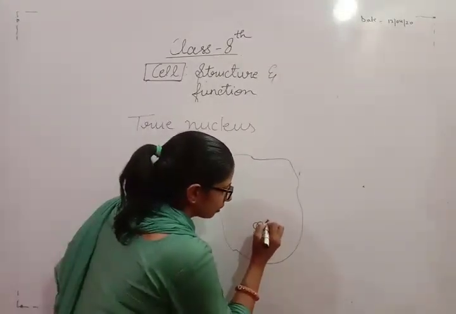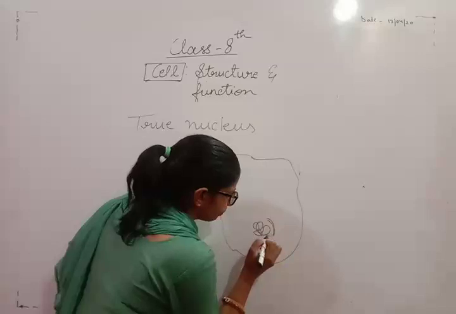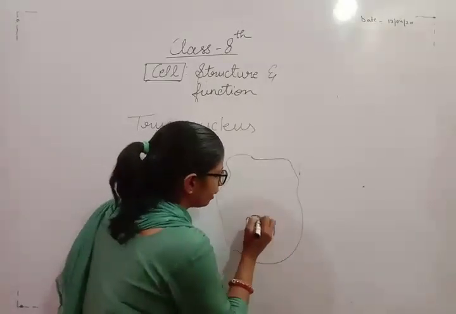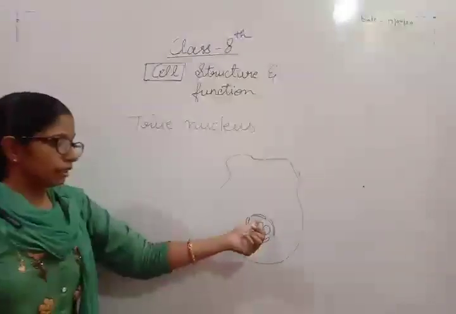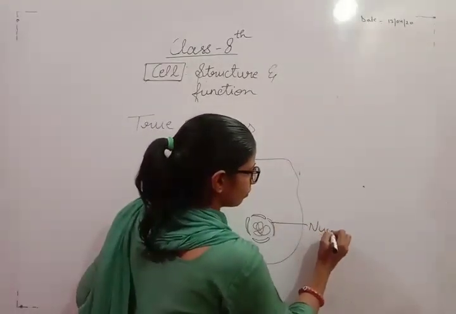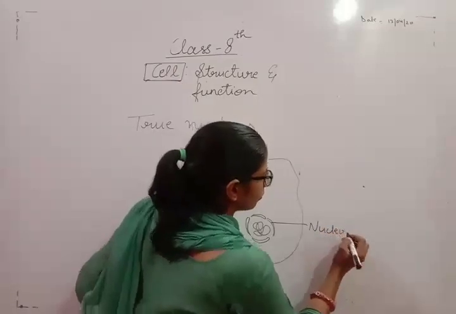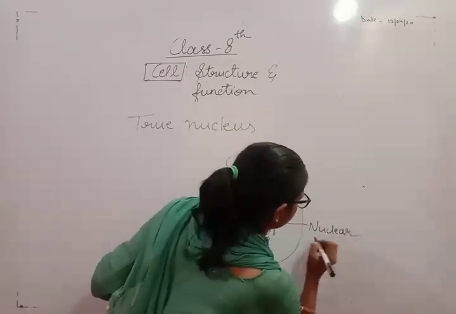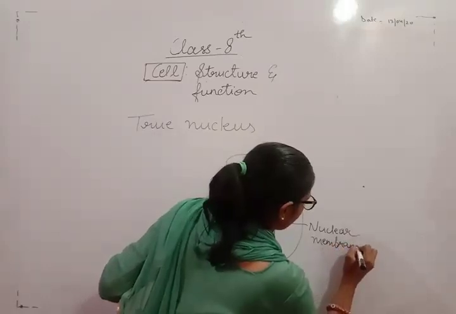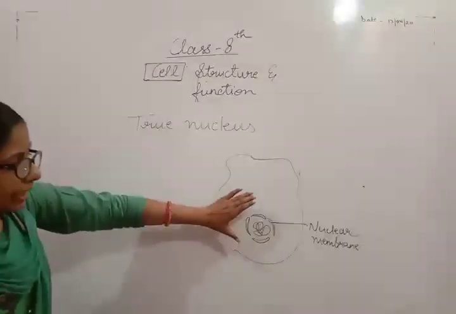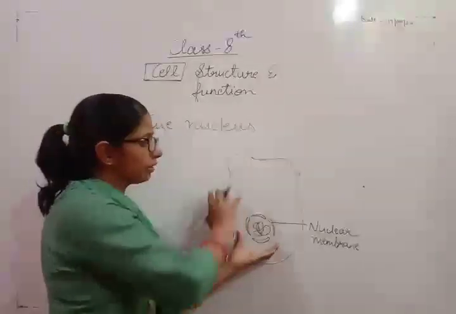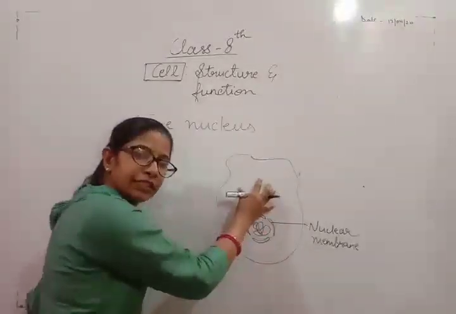It has a protective membrane outside it. This protective membrane is nuclear membrane. So it is well organized. It is not mixed up with the other material of the cell.